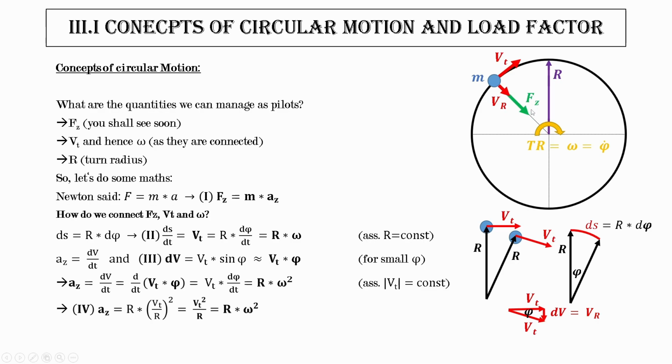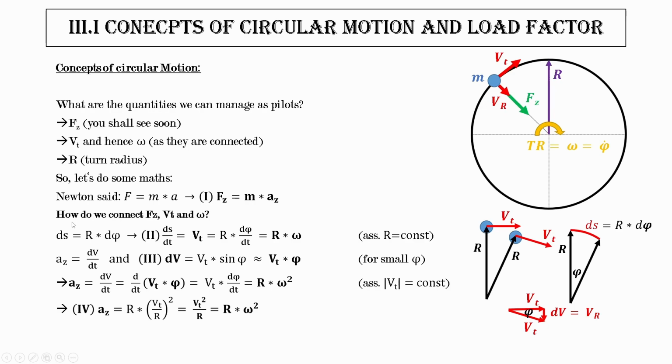Since we are in a circular motion, we give some indices to indicate what kind of force and acceleration we are looking for. Centripetal force, and centripetal acceleration. So this will be our first fundamental equation. Fz equals m times az.